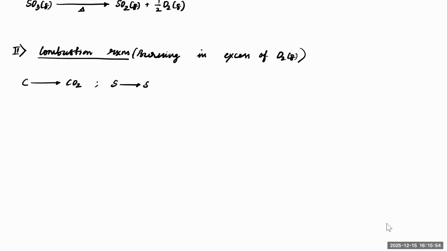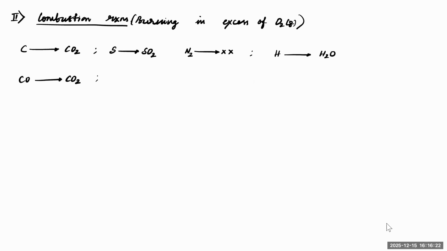Sulfur will convert into sulfur dioxide. Nitrogen will not convert into anything. It will remain as N2 only. That means I'll put it as N2. So no conversion here. And hydrogen will convert into H2O. Carbon monoxide gas will also convert into carbon dioxide. All this idea is clear, beta? Right.